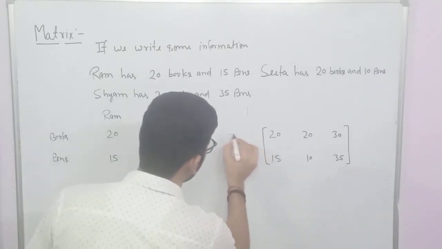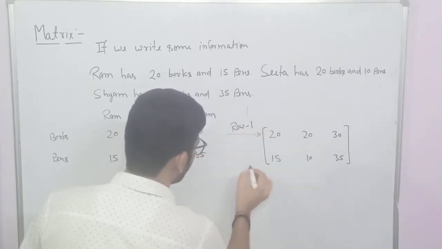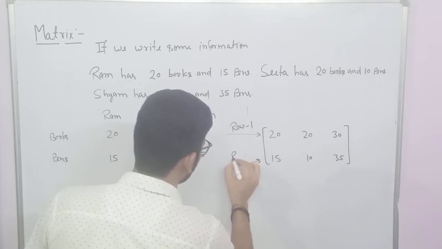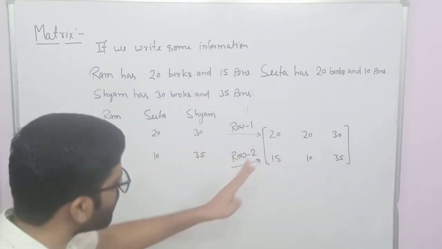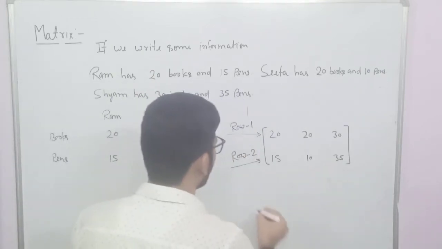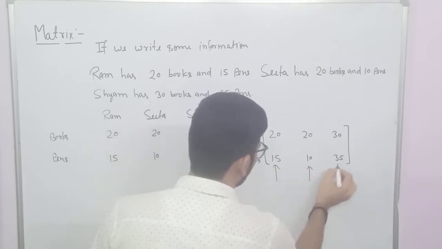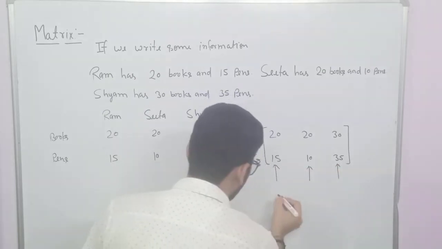So you can write row 1, the first row, and row 2. And how many vertical lines? 1, 2, 3. So you can write column 1, column 2 and column 3.